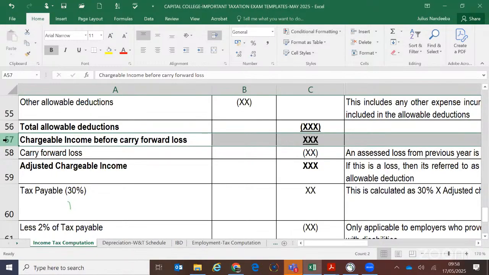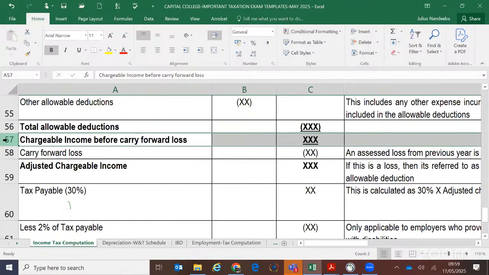Okay. Now, after getting your chargeable income, remember the chargeable income is as a result of three things. The profit or loss before tax, add back non-allowables, subtract allowables. The line is called chargeable income. You're close to the answer now. The only item that reduces your chargeable income is called a carry forward loss.